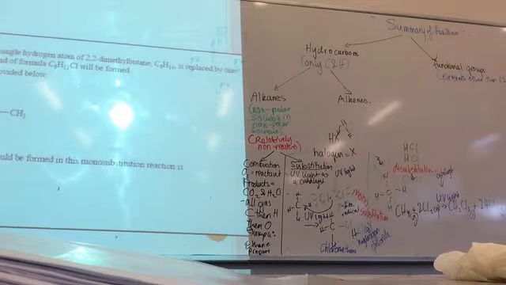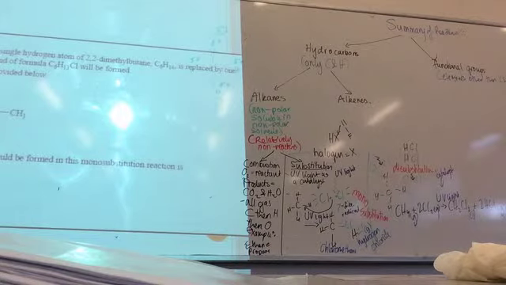Do you guys know how to work that out? You've got one chlorine. So what's a monosubstitution reaction? Yeah, very good. It's asking how many possible products there are when you substitute one chlorine with one hydrogen.